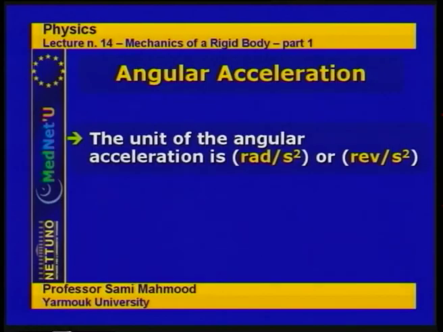As usual, the units of the angular acceleration are determined from its definition: radian per second squared, because it's the first derivative of the angular velocity, or the second derivative of the angular position, since the angular velocity is the first derivative of the angular position.